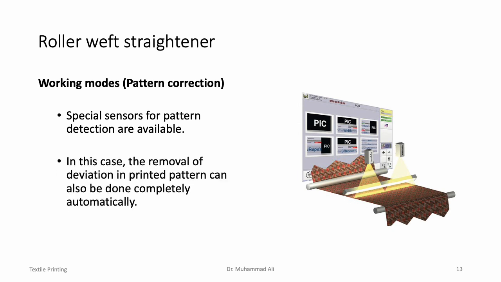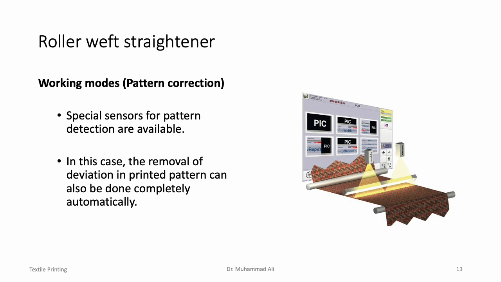The rest of the working is once again automatic. So the deviation in the design that is recorded by the sensors is calculated, and the machine controls then automatically adjust the orientation of the bow and the skew rollers to remove deviations from the pattern in the fabric.